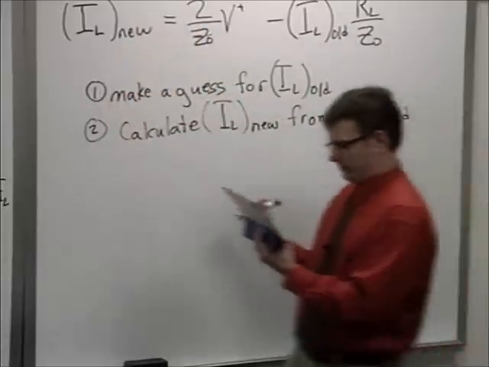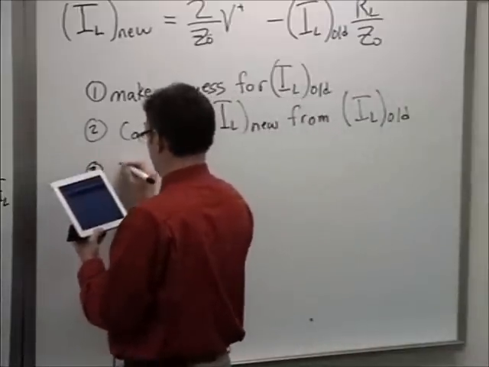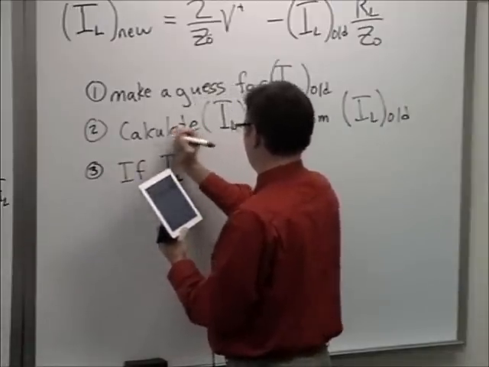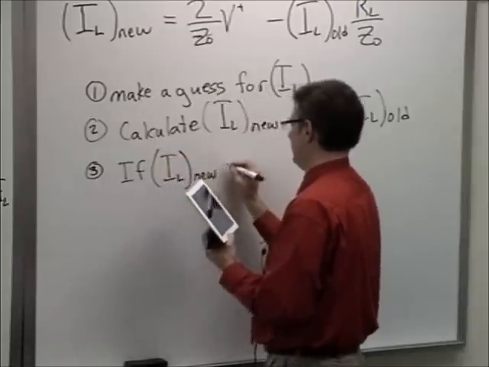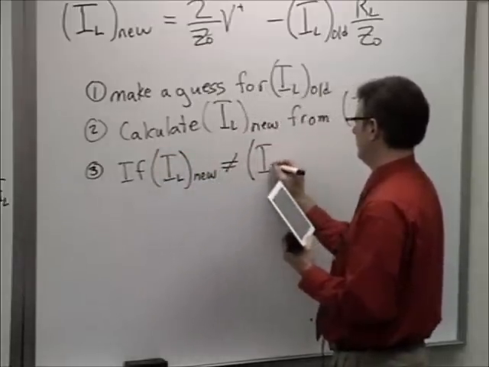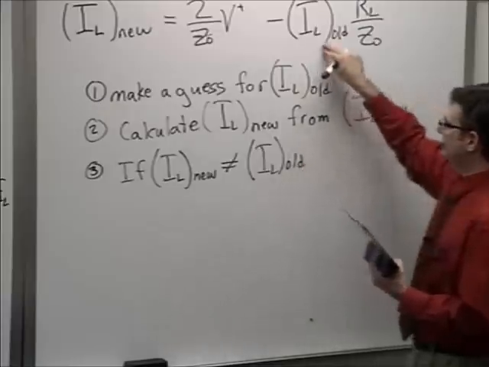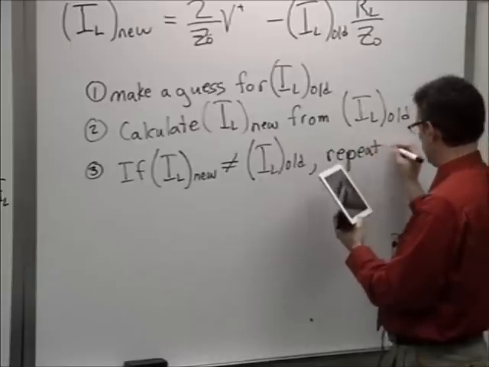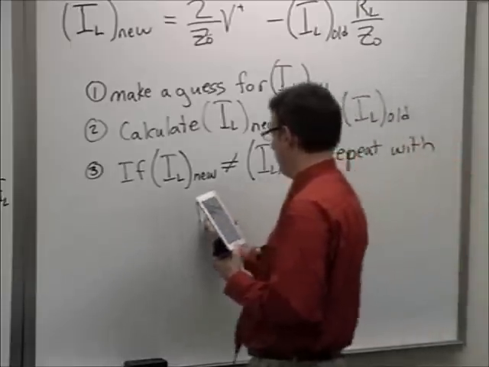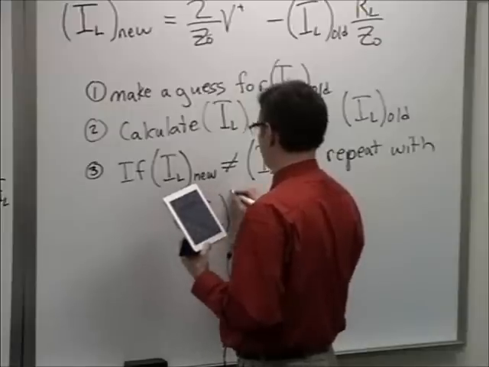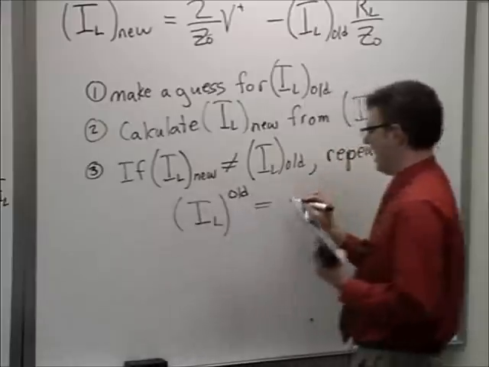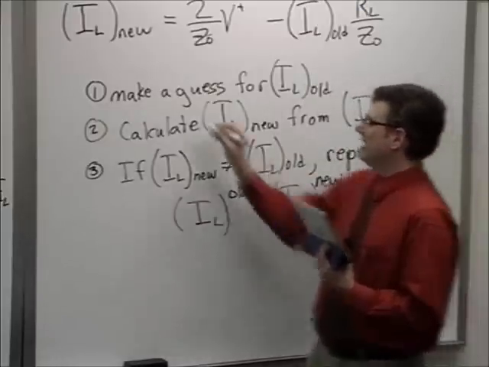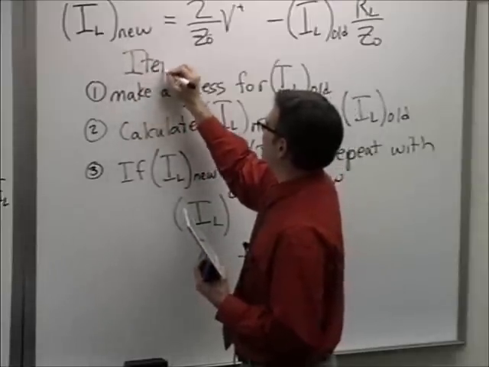And then my third step, if my I_L ν was not equal to I_L old, what I plugged in to get that value, then I repeat with I_L old now equal to my I_L new value. And this is the iteration approach to solving complicated equations.